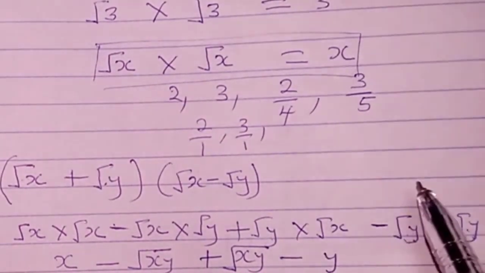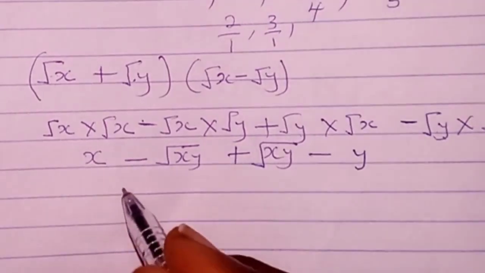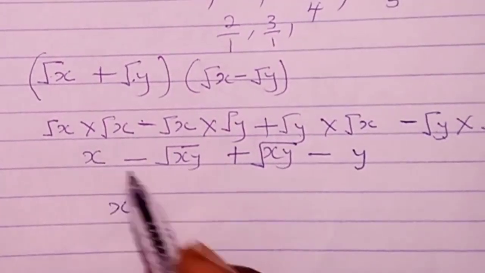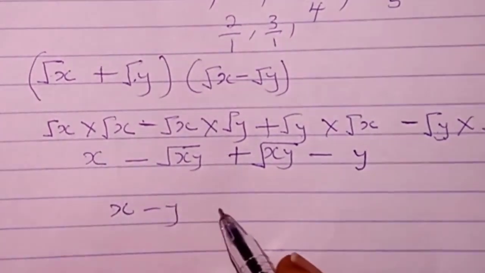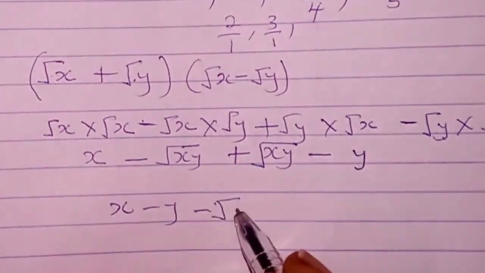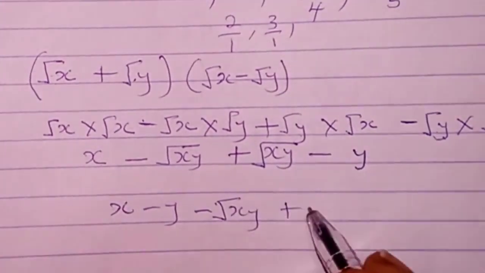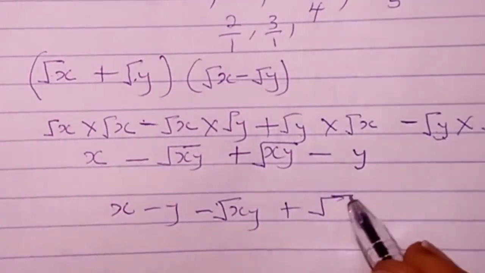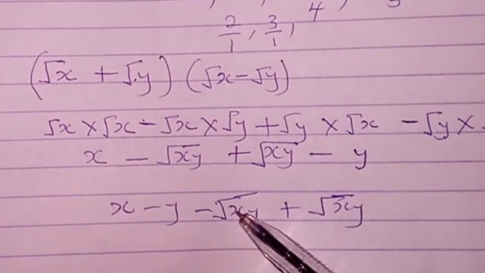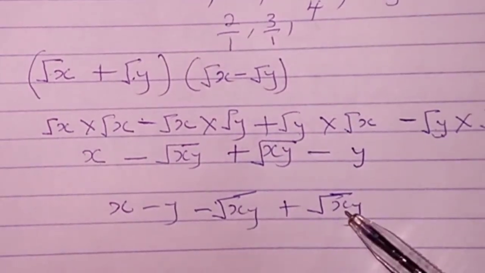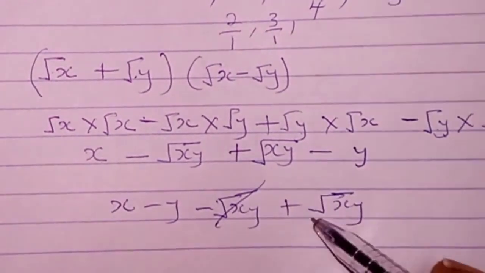Now let's rearrange this. We then have our answer to be x minus y, minus root xy plus root xy. Of course, minus root xy plus root xy cancel out.